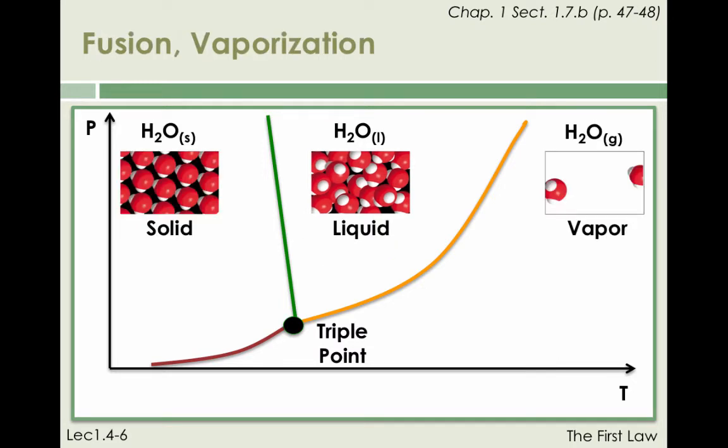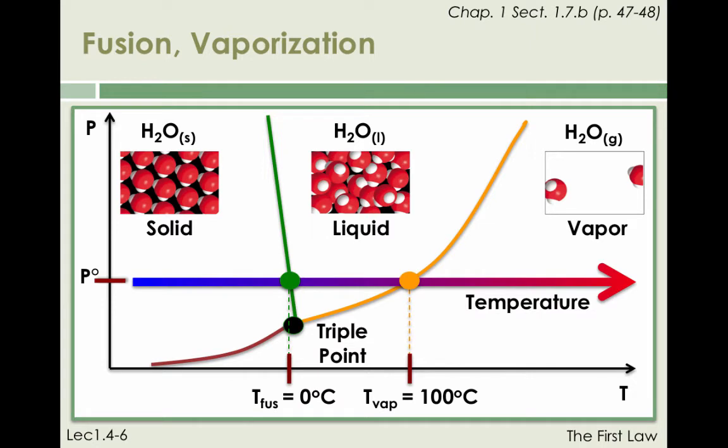We often discuss phase diagrams by describing the phases that are observed when we heat up a substance from very low temperature to high temperature under a constant pressure. If we consider the case of the substance water at standard pressure, that is at 1 bar, we see that water exists as solid ice below the temperature of 0 degrees Celsius, as liquid water between the temperature of 0 and 100 degrees Celsius, and as water vapor at higher temperatures.